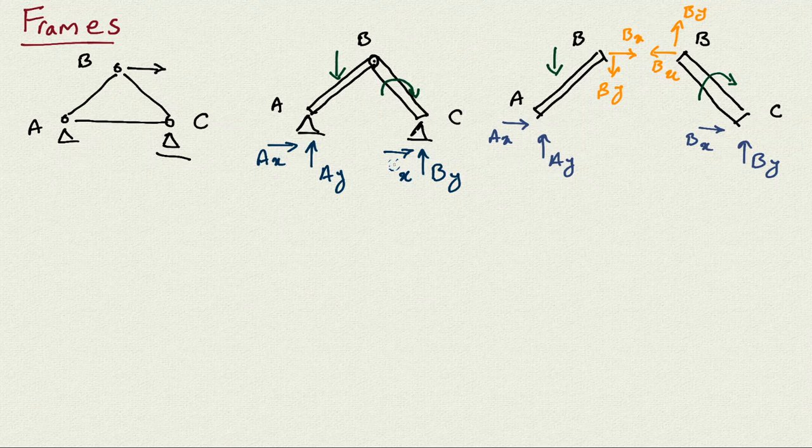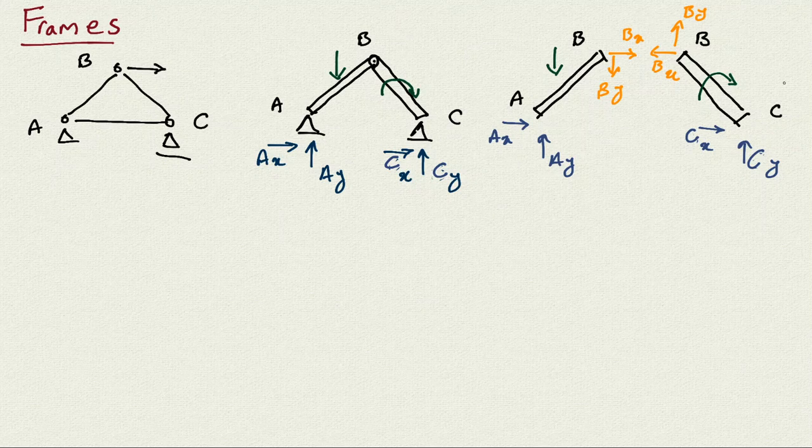So I have Ax and Ay, two unknowns here, Bx and By, two unknowns here, and Cx and Cy, two unknowns here. So in total, I have six unknowns.